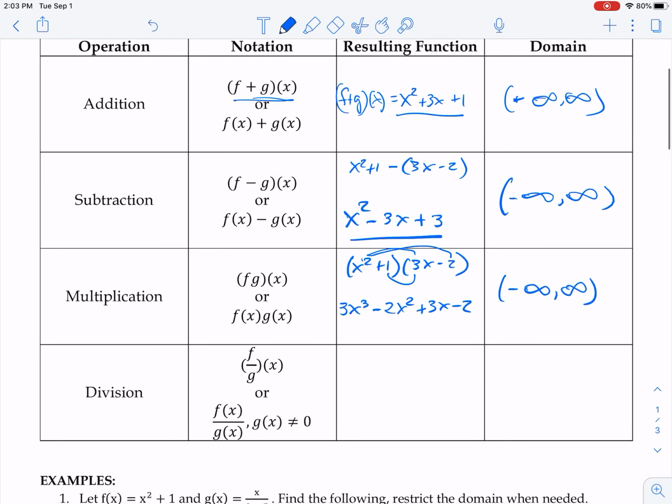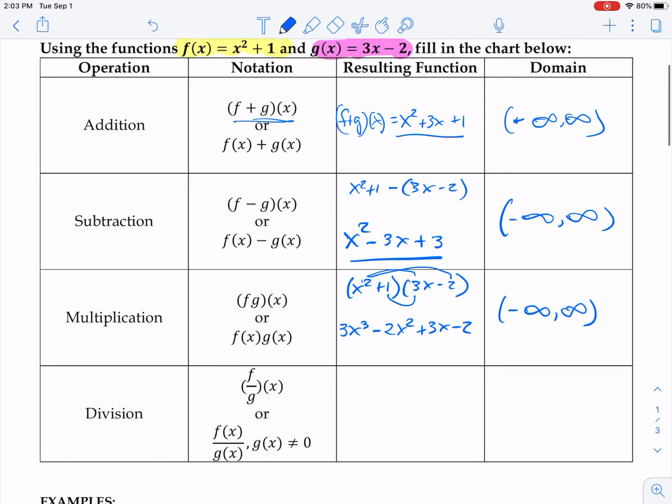This one causes a little bit of problems because we're going to divide them. So you have x squared plus 1 divided by 3x minus 2. The bottom cannot equal 0. So 3x minus 2 equal to 0, and you get 3x equals 2. So x cannot equal 2/3.